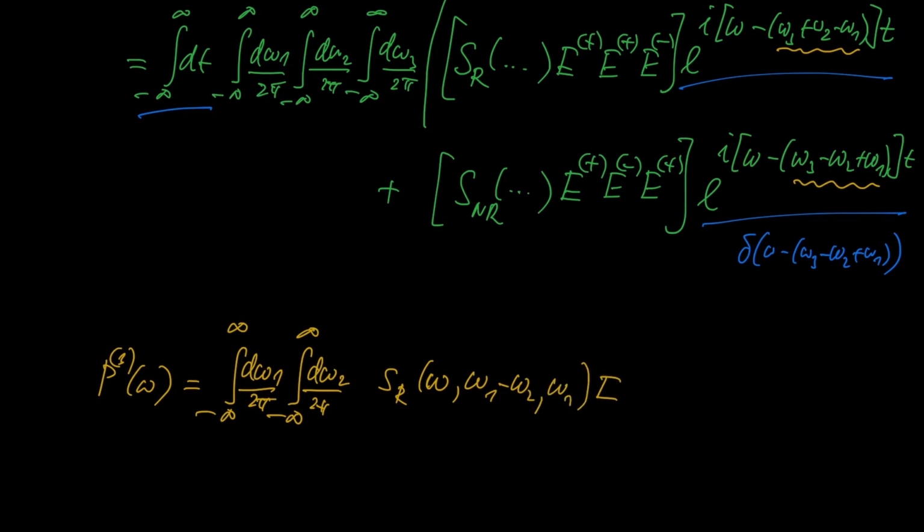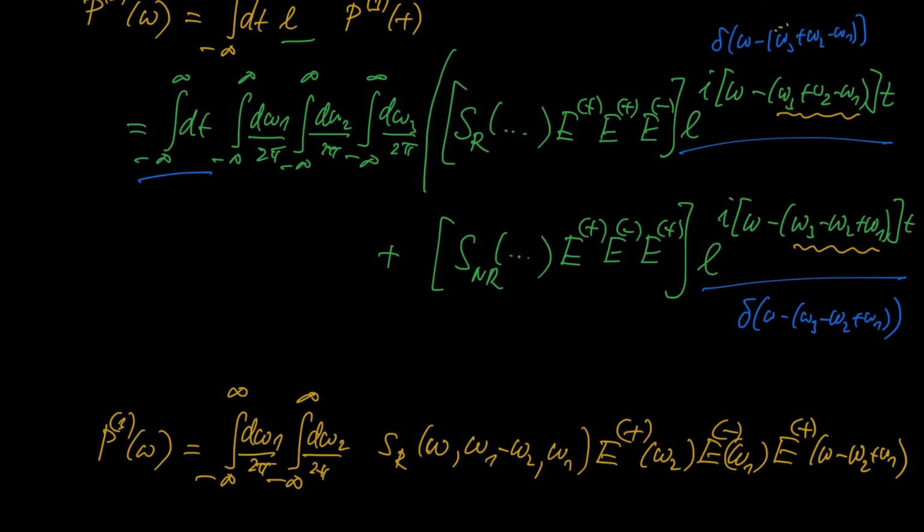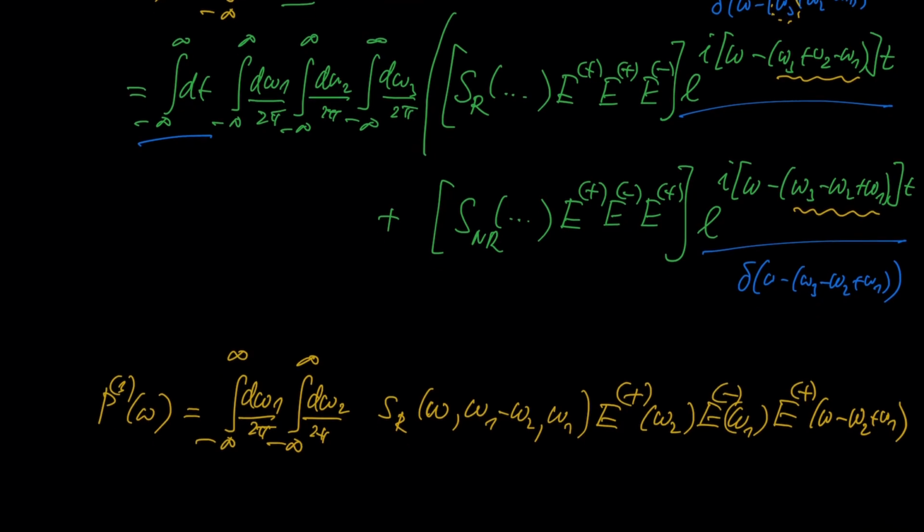And here is E plus omega 2, E minus omega 1, and E, because we are replacing omega 3 here, it's going to be E plus of (omega minus omega 2 plus omega 1). Now we are actually solving this condition here for omega 3.